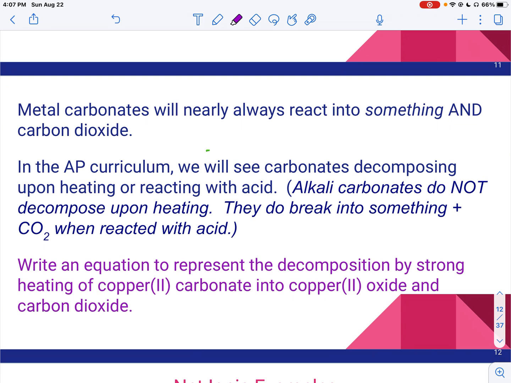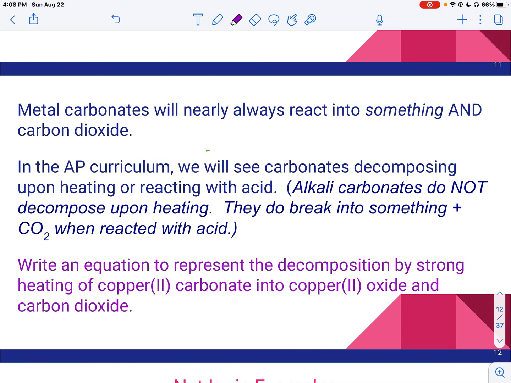So anytime you have a metal attached to CO3, it will change into the metal oxide and carbon dioxide. Okay? So this will happen all the time whenever it's heated, unless it's an alkali metal. Alkali carbonates don't decompose when heated, but they will decompose into that CO2 and metal oxide with acid.